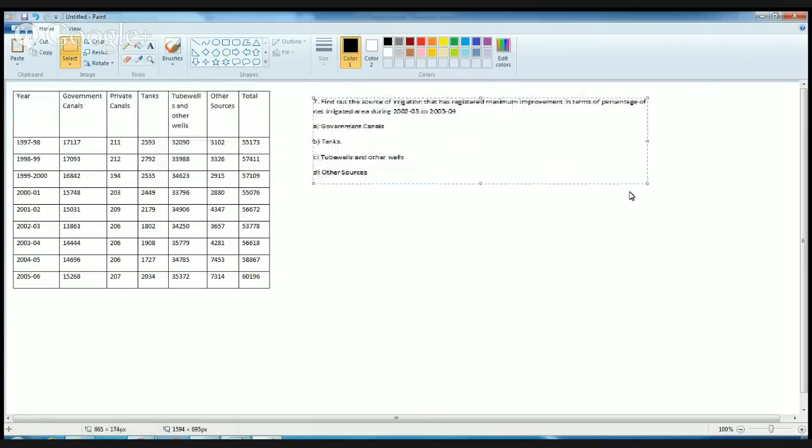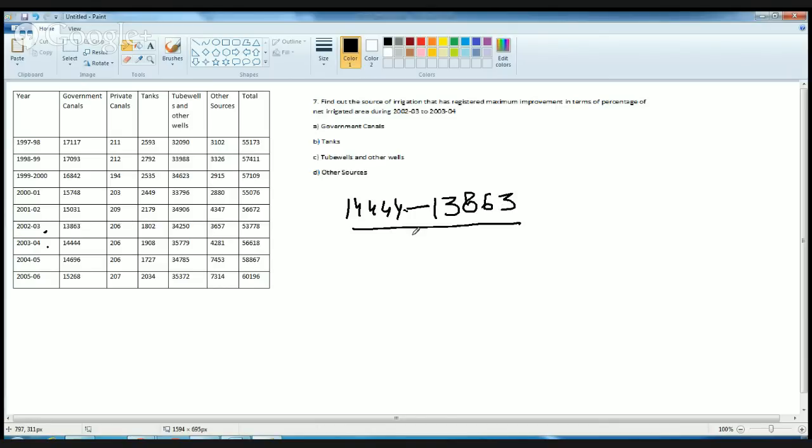talks about finding the source of irrigation that has registered maximum improvement in 2002 and 2003. So the simple thing to solve is 14444 minus 13863 divided by 14444 into 100.